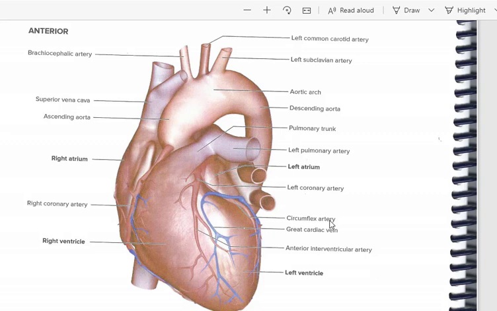How are you going to remember that one? I don't know. If you know about circumference, you know it kind of goes in a circle. So I'm thinking that this has something to do with the fact that it comes around like that.